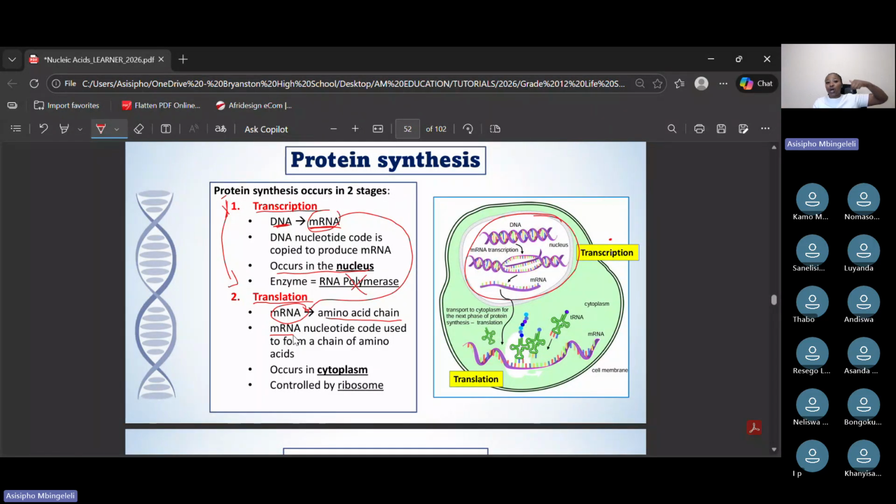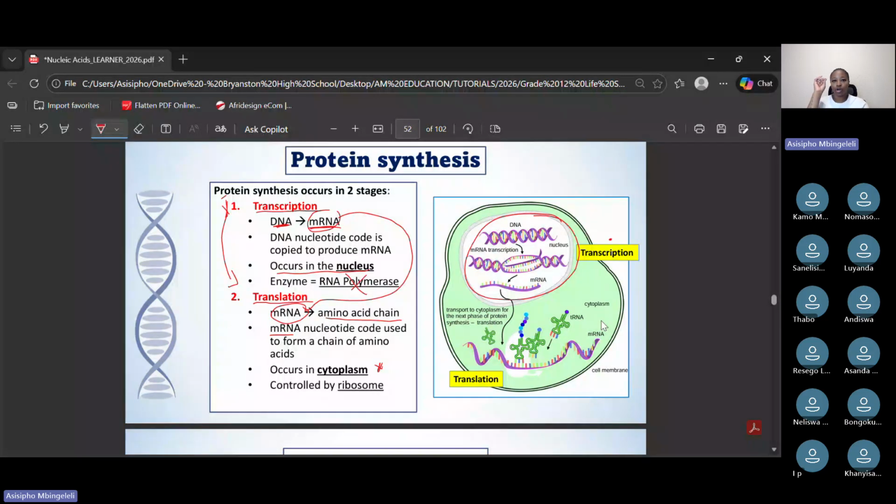Now, where did it all start? It started in transcription. And the location of this particular process, that is the cytoplasm, there it is in this green part over here, that's the cytoplasm. So what are you taking here? 2 stages, transcription, translation is the second one. Location, nucleus, and then the cytoplasm.